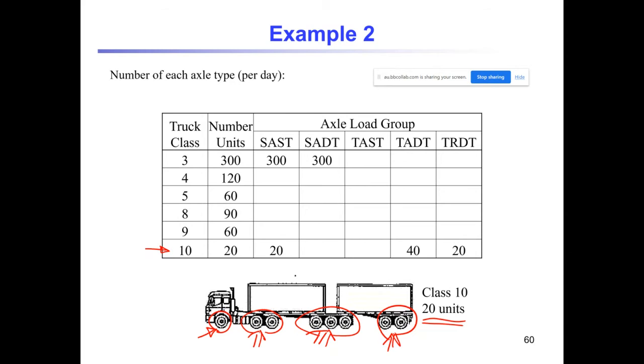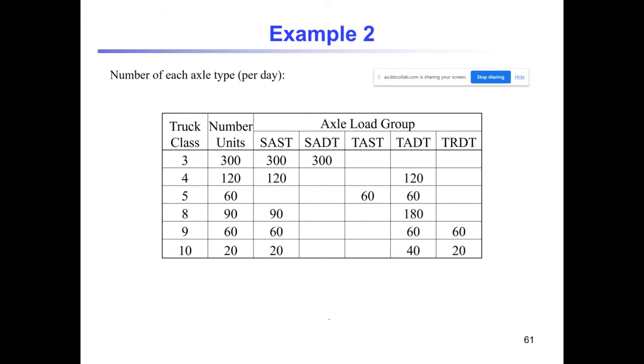And we can do the same thing for the other classes. So now we know how many axles are passing through the road during one day. Now we want to know how many axles are passing through the road during its design life.